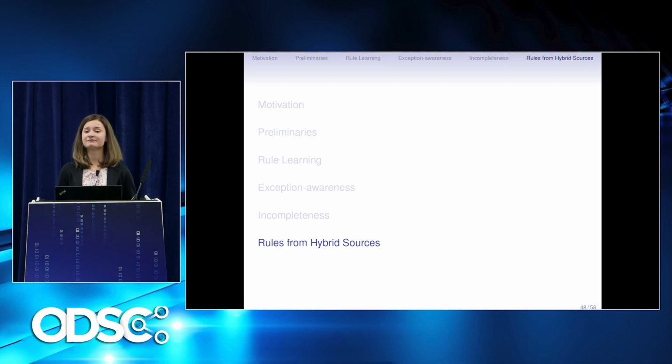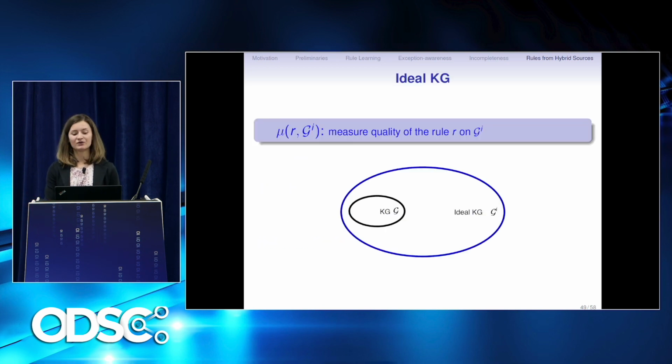So as we have seen before, since this ideal knowledge graph is not available for us, maybe we could somewhat learn information about it by incorporating what is known from other sources. So what if we actually did have this ideal knowledge graph? Of course, we would have ranked our rules perfectly. We would not have had this bias issue in the data.